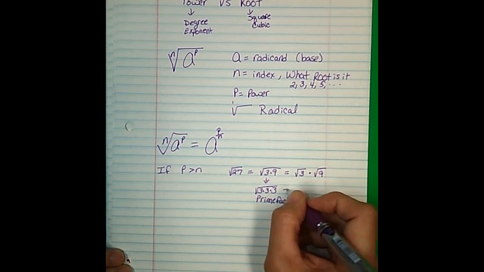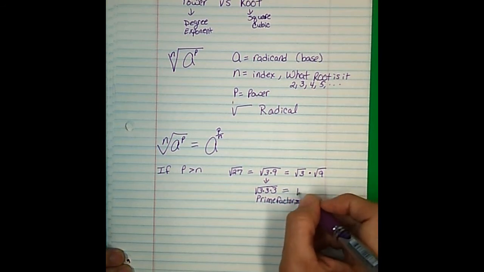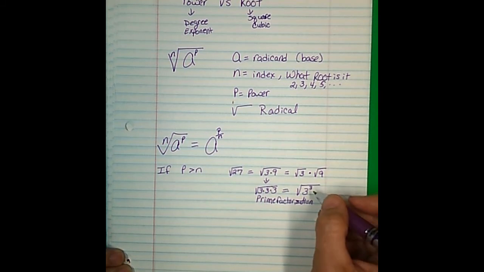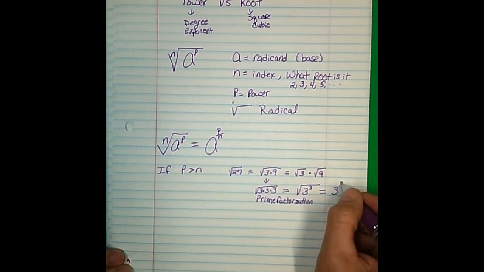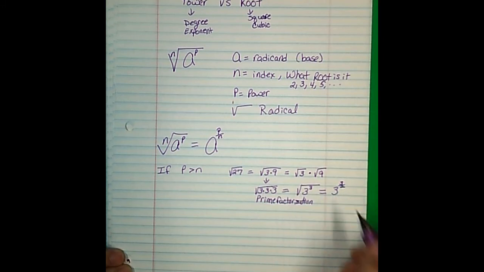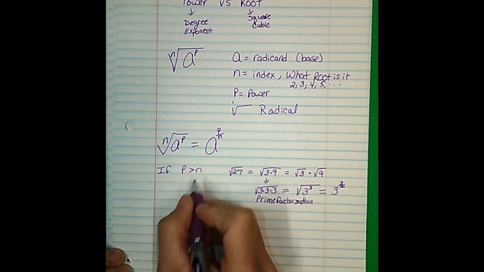So if I rewrite this, I'll end up with 3 cubed, right, in exponent form. So by definition, this is 3 raised to 3 divided by 2, because that's the square root, right? My power over my root. So I have 3 halves. So this goes back to where my p is greater than my n.